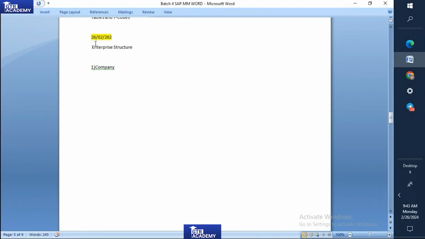And then second is company code. Manasa, company or client, both are the same, right? I'll explain that in the definition part. Just write it down.